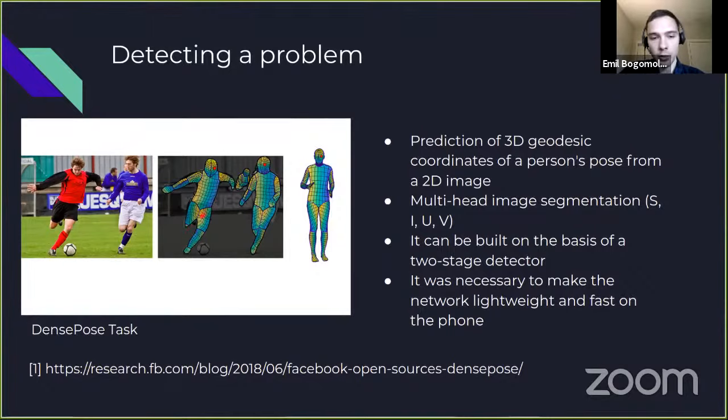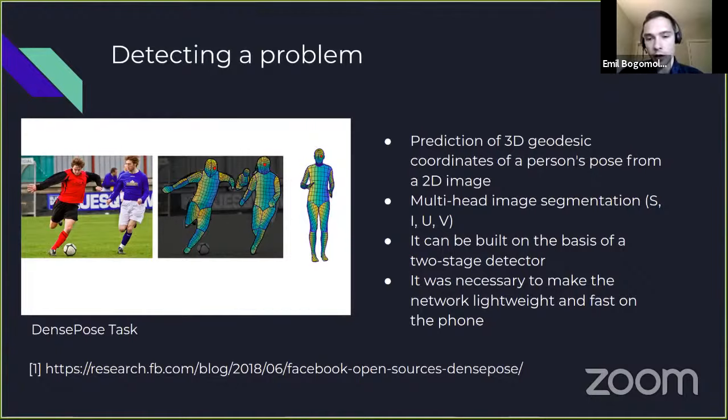For example, here on the body you can see the grid: the yellow and red points are very distant from us, and the green ones are very close to us, in terms of geodesic coordinates. This task may be solved by a multi-head image segmentation network that outputs four output tensors. It can be built on the basis of a two-stage detector, such as the widely known Mask R-CNN.